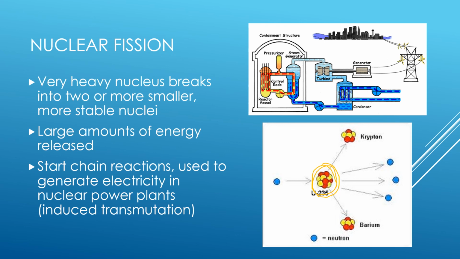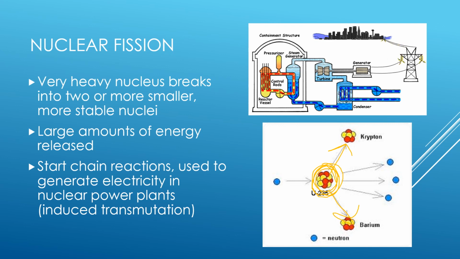Very important that the 2 nuclei that it breaks up into are more stable. So here I have this uranium-235. It is a very, very heavy nucleus, and it is going to break into 2 smaller, more stable nuclei, krypton and barium. Both of these elements have an atomic mass and an atomic number less than 82, so both of these are more stable nuclei.